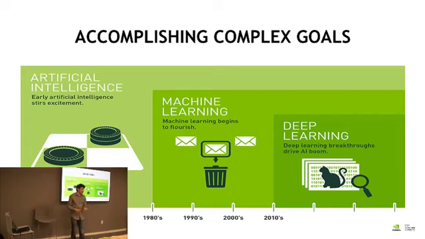Deep learning is a subset of machine learning that is differentiated in that we have algorithms inspired by the human brain, which allow us to use learning strategies inspired by human learning. We know how we learn.